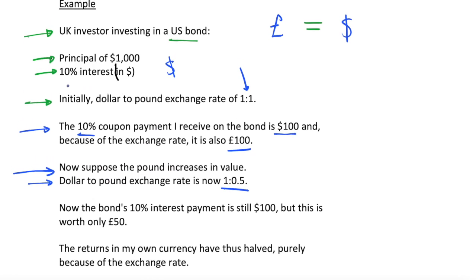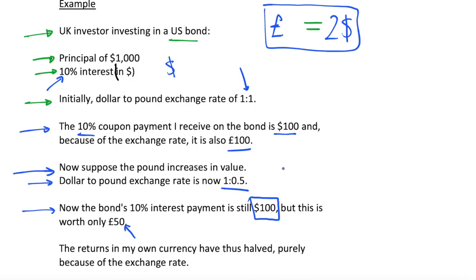So our bond in the US is still going to be paying this 10% interest rate, and it's still going to pay $100. However, this is now only worth £50 because our exchange rate has changed. The pound is worth double, so £1 is equal to $2 if we look at our new exchange rate. So we're still receiving $100, but we can only exchange this for £50. So the returns on this investment have halved purely because of the change in the exchange rate.